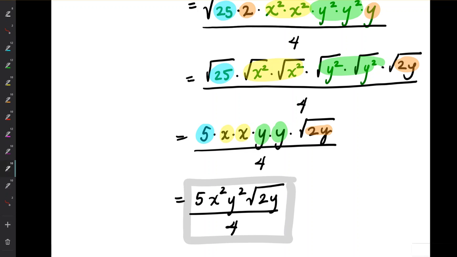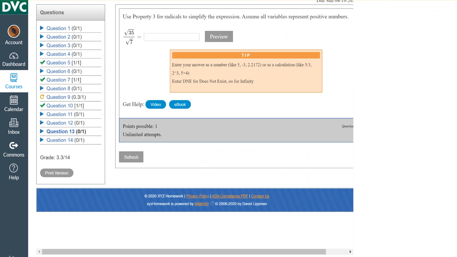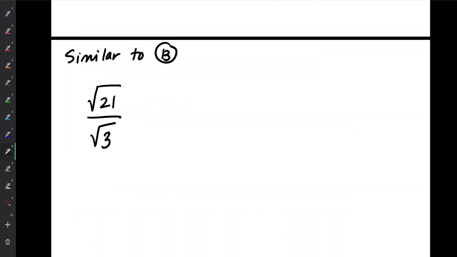Okay. And now, in conclusion, I would like to do a problem like number 13. We're going to use different numbers, but we're going to use that quotient property in a little bit different way. So it looks like there's kind of nothing to do here right off the bat because there is no perfect square except for one.